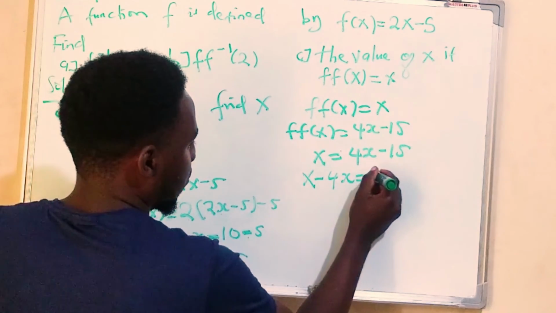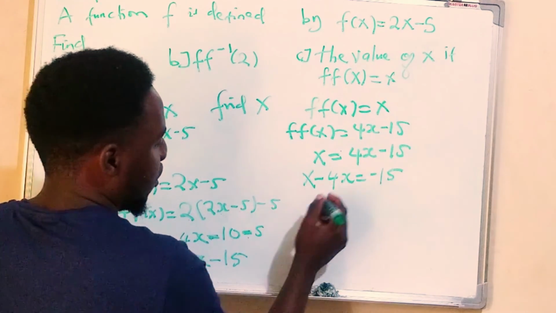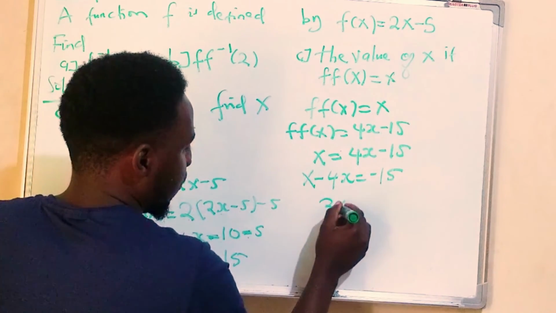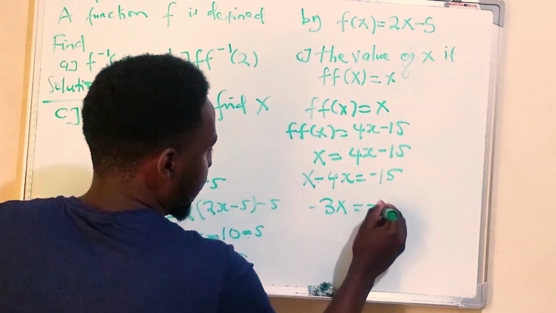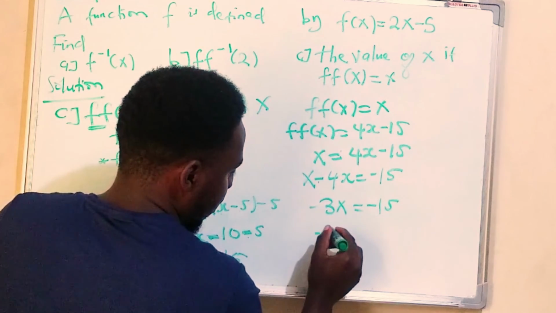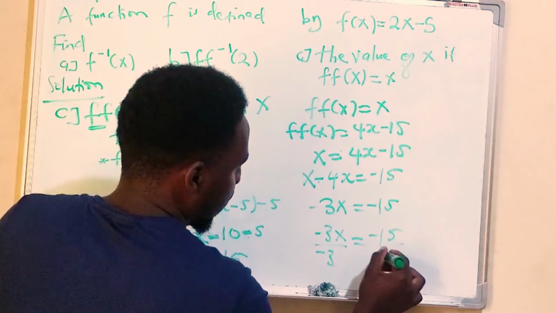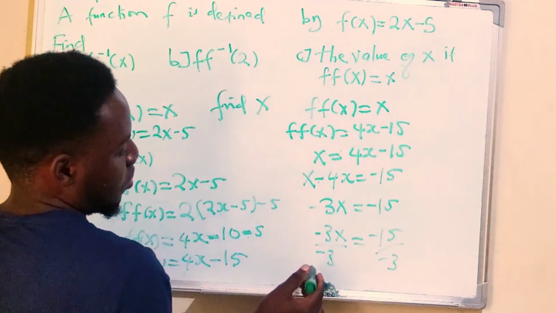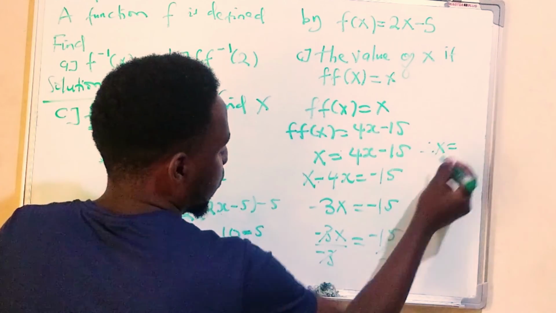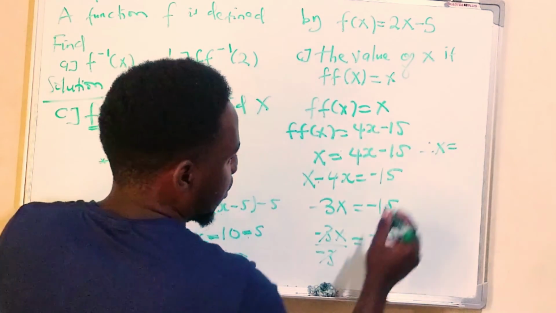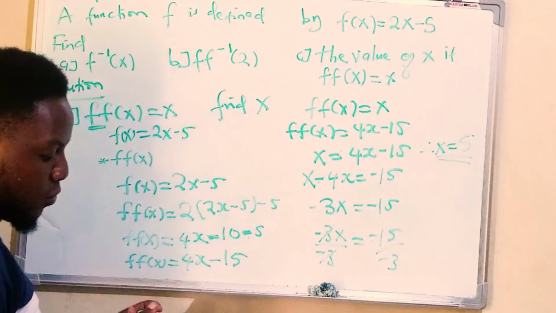So we have x minus 4x, that's negative 3x, the sign coming from the bigger number, is equal to negative 15. Then negative 3x over negative 3 is equal to negative 15 over negative 3. You are making x the subject of the formula. Therefore, x is equal to negative 15 divided by negative 3, which is positive 5, because negative divided by negative becomes positive.